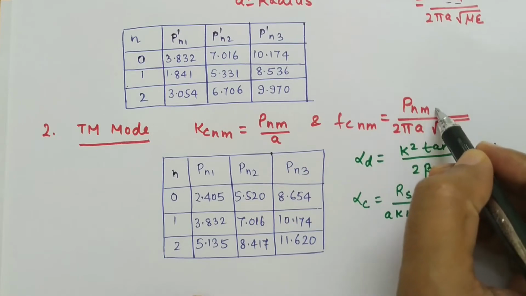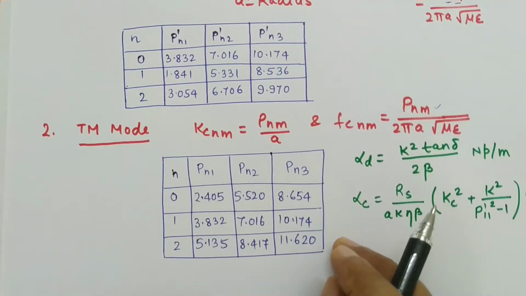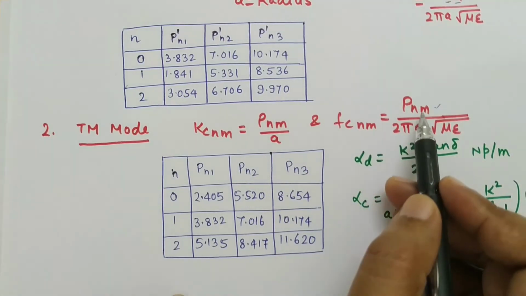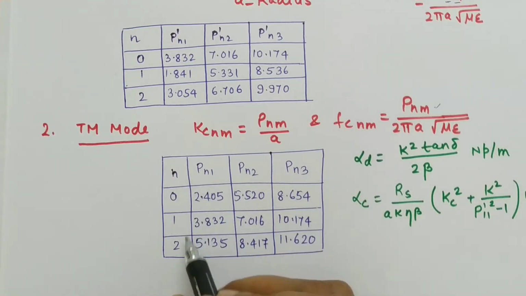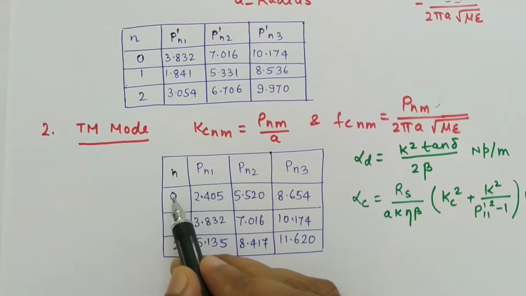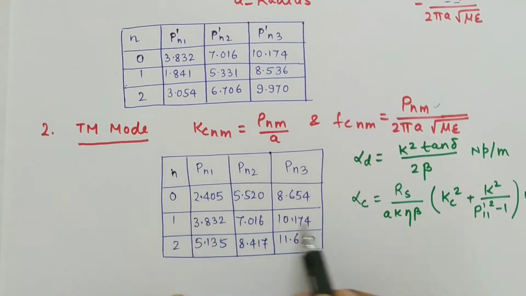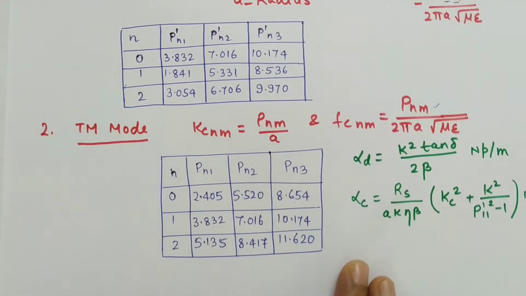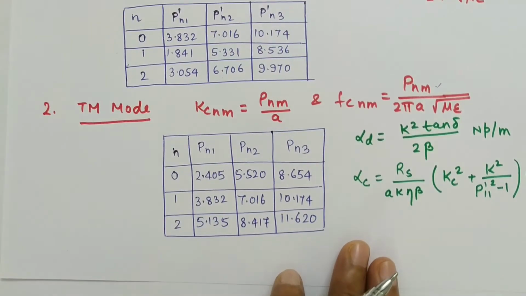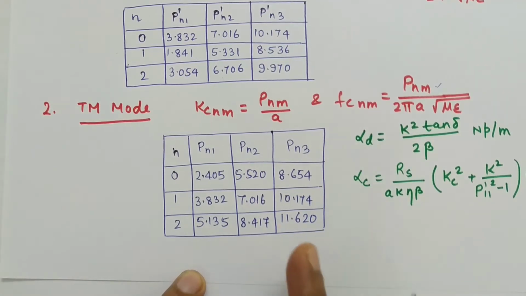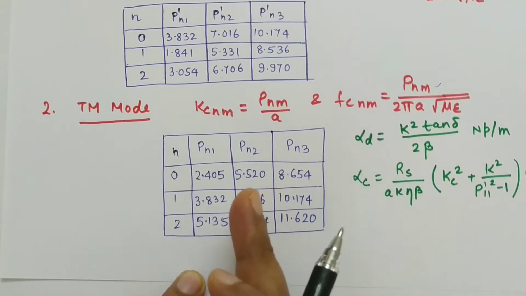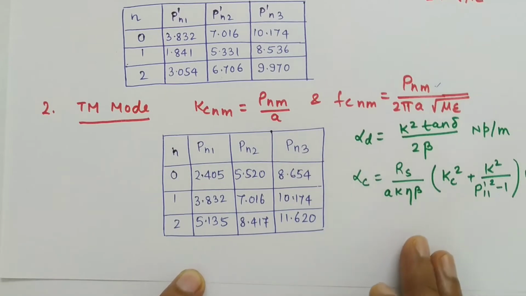So again we need to find the pnm value, and the values for a few n, from n equal to 0, 1, 2, are given here. Based on these values we can find out which one is the dominant mode in circular waveguide, and we can arrange the modes based on their cutoff frequency.